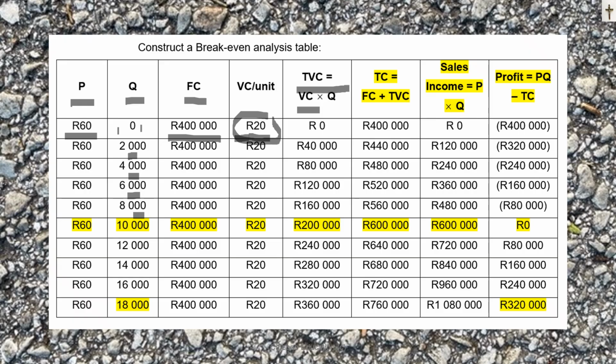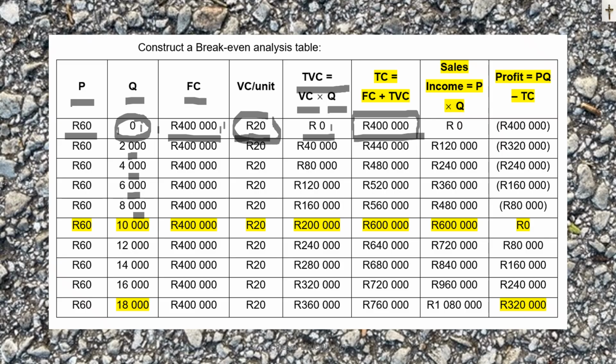The total variable cost, important, total variable cost is the variable cost, 20 Rand, multiplied by the quantity. And if I take the first row where no files were produced or sold, the total variable cost is 0 because no files were produced or sold. Now, if no files were produced or sold, there's still a fixed cost of 400,000.